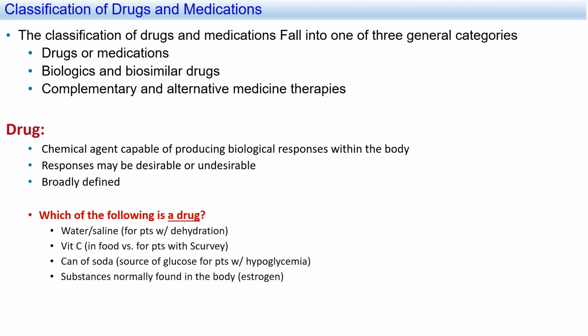A patient who is thirsty to the point they become dehydrated. Dehydration is a health condition. When a patient is dehydrated and takes in fluid, that becomes a medicine or a drug because it's going to treat some type of health condition. And you can apply the same concept to the other examples.